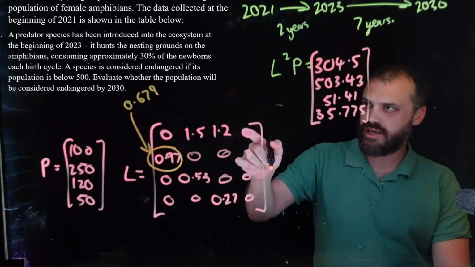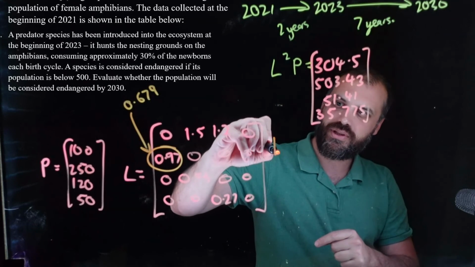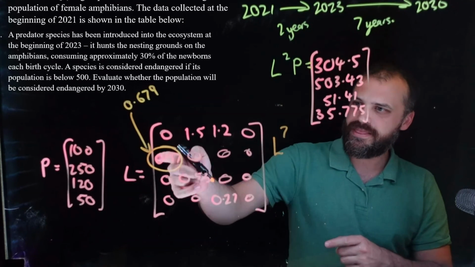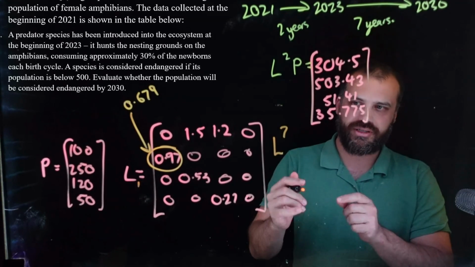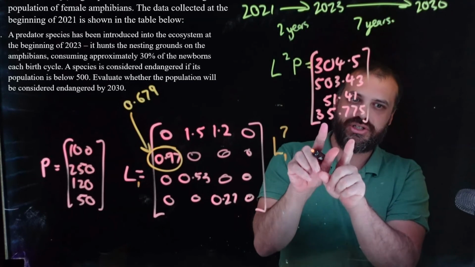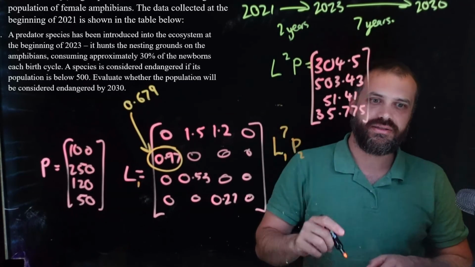So now what I'm going to do is do my Leslie matrix calculation again with 7 years, so L to the 7, but with this new matrix, let's call it L1 now. And then multiply that by the population in 2023. We'll just call it P2.